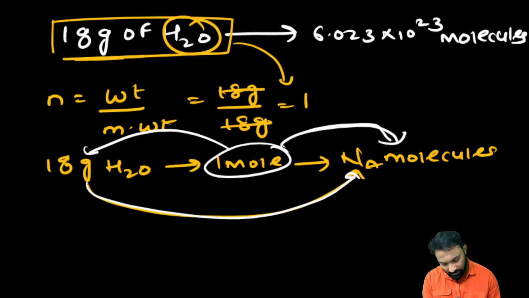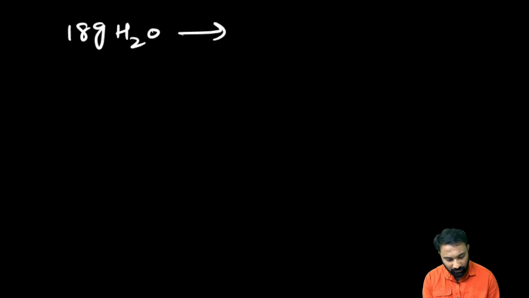Next one. Suppose 18 gram of H2O contains 2 hydrogen atoms and 1 oxygen atom.